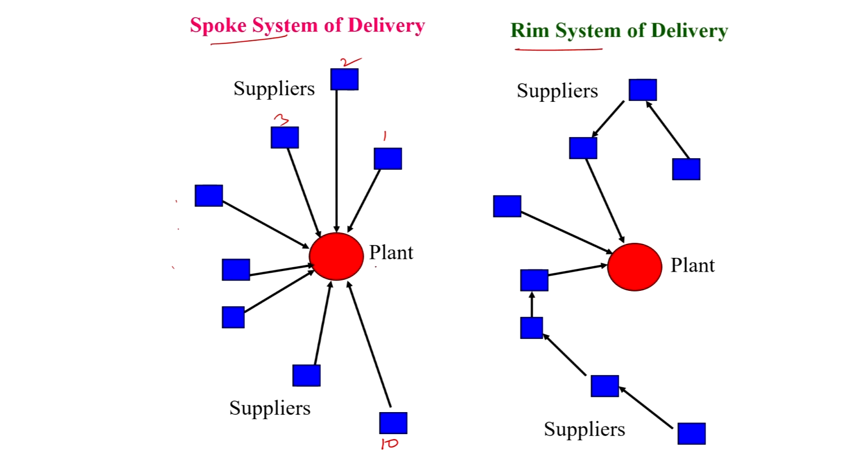In a traditional way, in a spoke system, each supplier is supplying you a truckload of material, and let us make some assumption, one truckload is equivalent to 10 days of requirement.